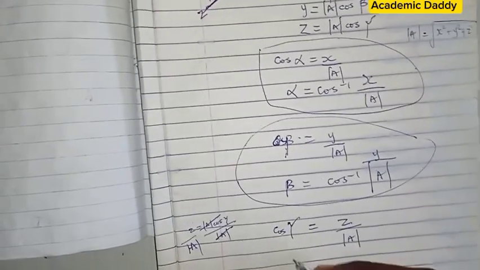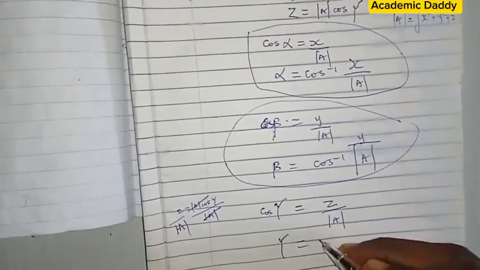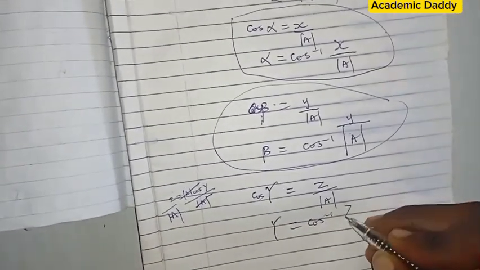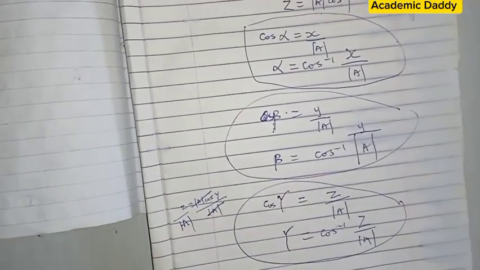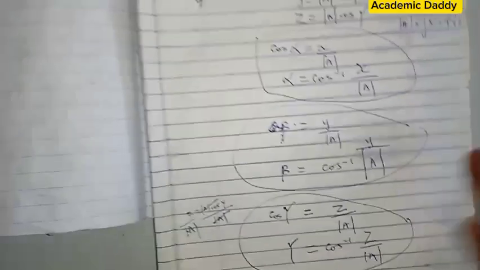So if you make gamma subject of formula, you now have cos inverse of z over magnitude A. So this is how to do it. So that's it.